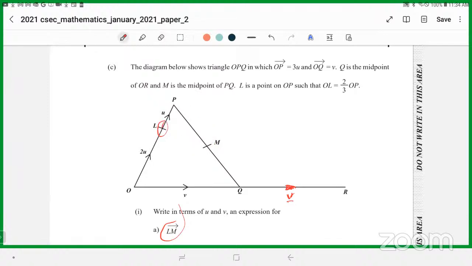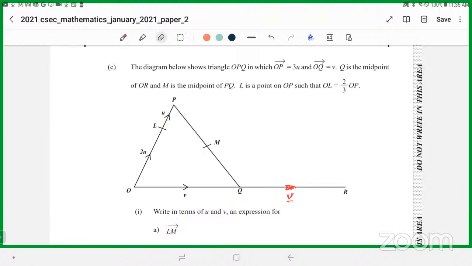But to go from L to M, I can come up here and then go there. This is half of this one, where I'm able to find this one. This is PQ. Why? Because I know the position vector of Q and I know the position vector of P. And then PM is just half of this. The question is very easy, you know.